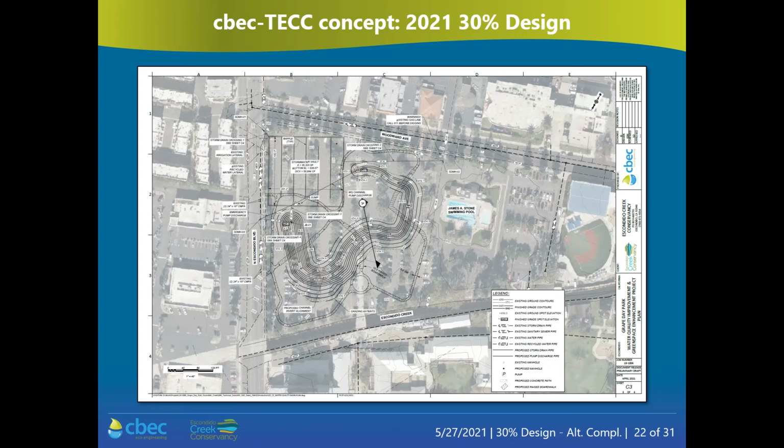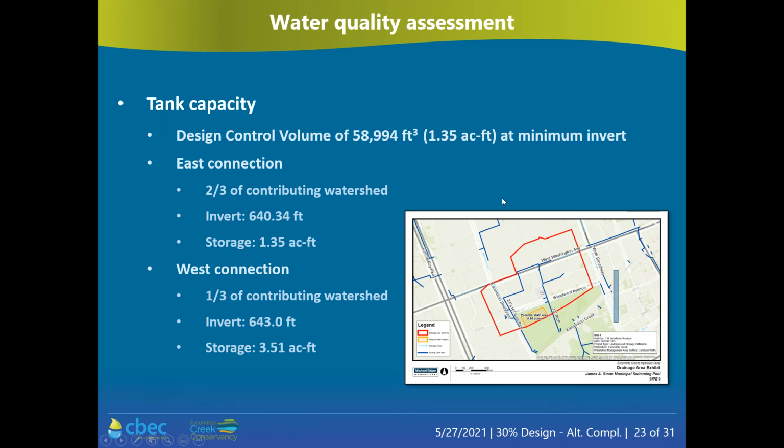And now you just have dissolved constituents in the water, like nutrients and other things within the water column that you're trying to percolate into the soil and treat as it moves into the groundwater table below. So this is just another view of what that concept design looks like.